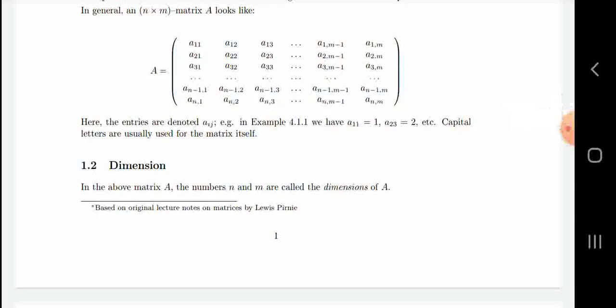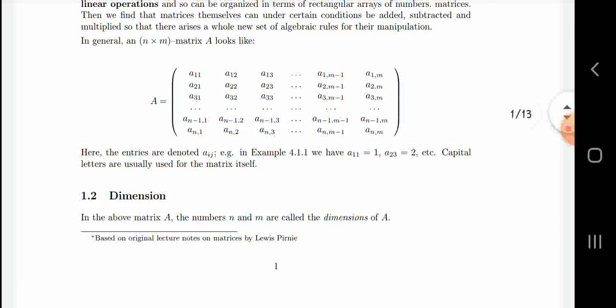So dimension: in the above matrix A, the numbers n and m are called the dimension of A. Here in this matrix they have given the equation A equals, and here you use m minus 1, and in some cases you use n comma m.